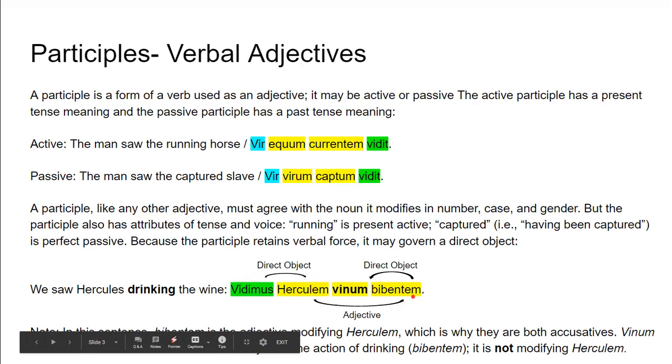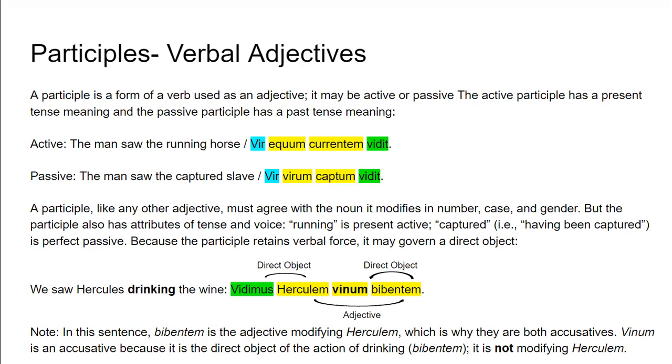And because all adjectives have to match in case, number, and gender, it is the same case, number, and gender as Herculem. So he is Hercules, the one that is drinking, and it is taking the direct object vinum. Vinum is in the accusative, not because it's trying to match the case of bibentem and Herculem, but because it's the direct object of a verb.